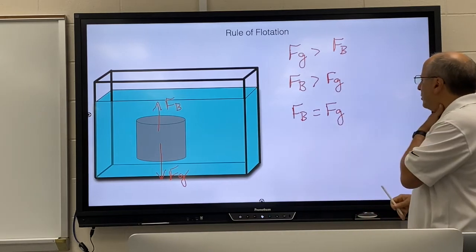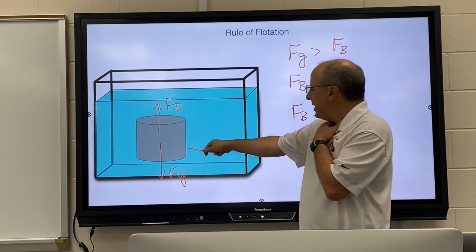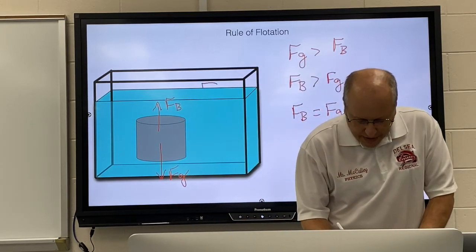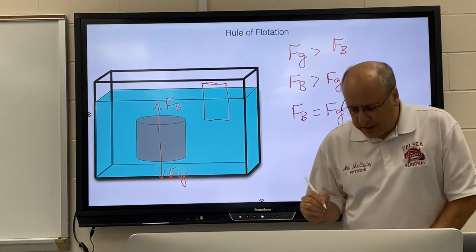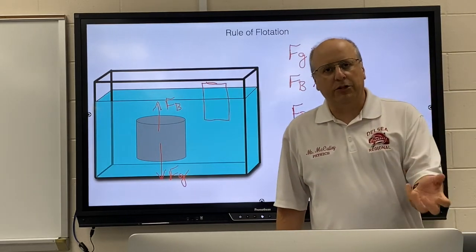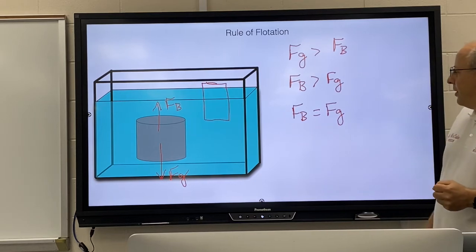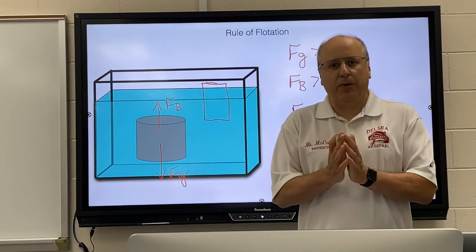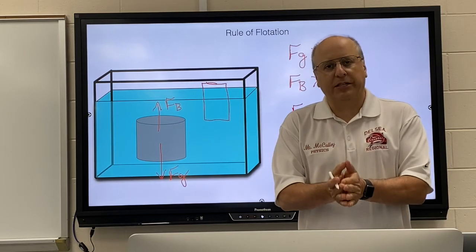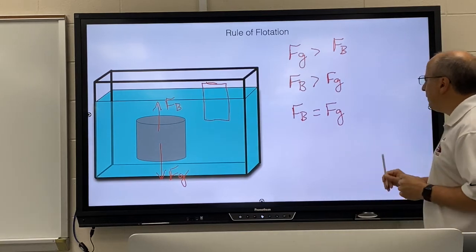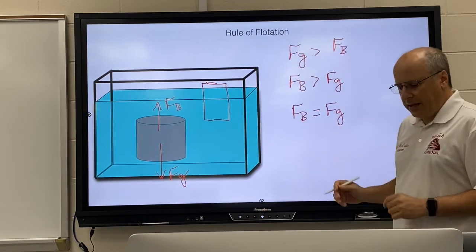So if we put an object underwater and buoyancy is bigger, it rises up through the fluid until eventually part of it comes out of the fluid, making less volume submerged until we reach a point where buoyancy and gravity are equal, and at that point it will no longer rise or sink, it will float. Okay? So the object floats when buoyancy equals gravity.